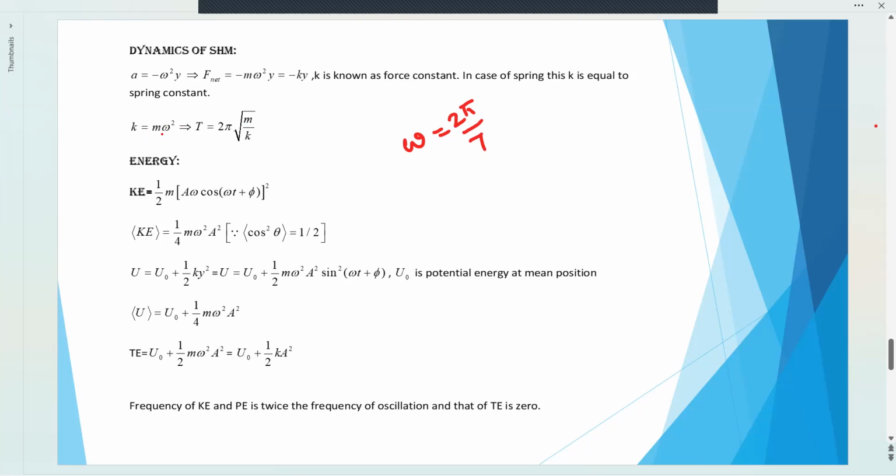Omega equals root of k by m. So from that, time period equals 2 pi root m by k. So this is the expression we are going to use to calculate time period. This is a general one, the time period of oscillations. And now we can see energy.